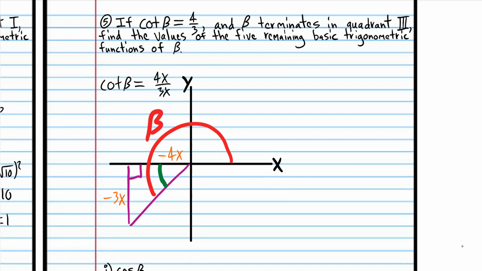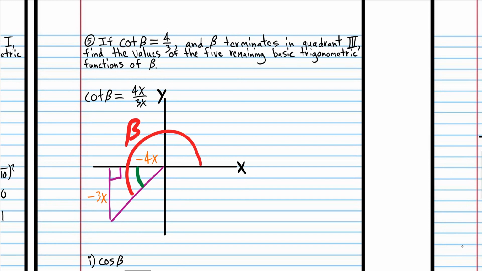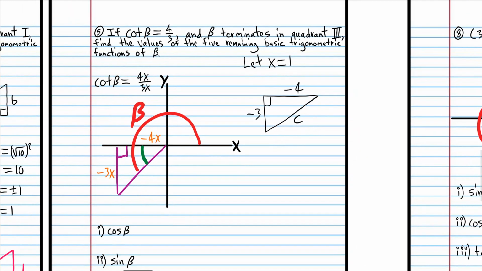This angle, of course, is beta. And to make things convenient, we're going to let x equal 1. And we need to find the missing side. So we're going to use the Pythagorean Theorem.